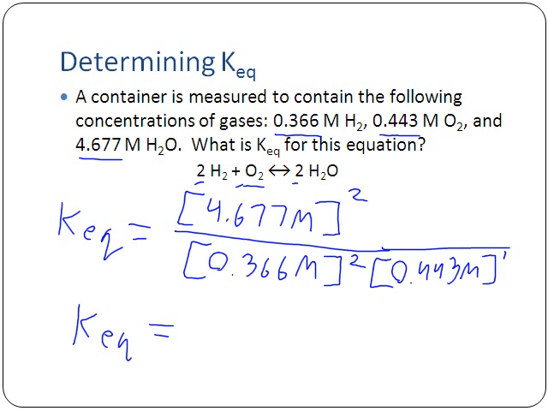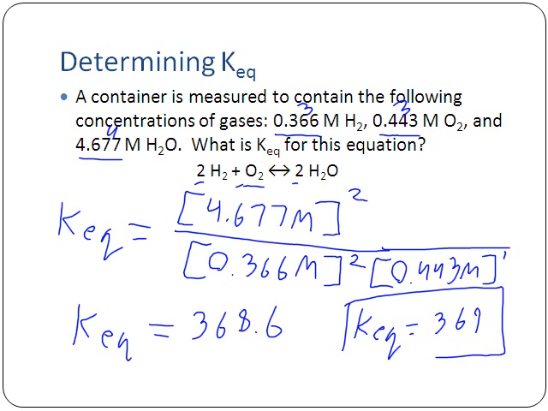And when you do that, I get 368.6 for KEQ. Significant figure-wise, we got 3 sig figs up here, 3 sig figs right there, and 4 sig figs right there. So our answer should only have 3. So our final answer here would be KEQ is equal to 369.